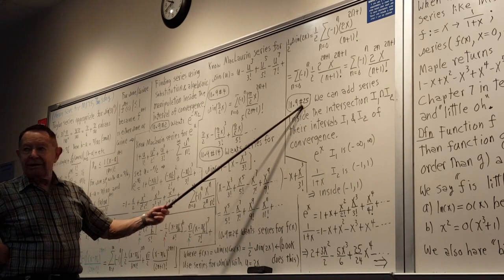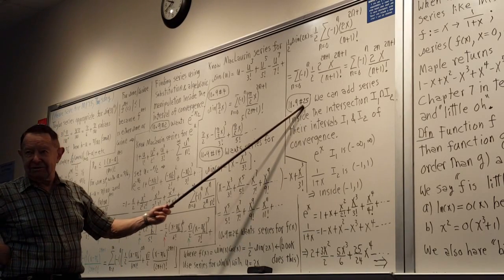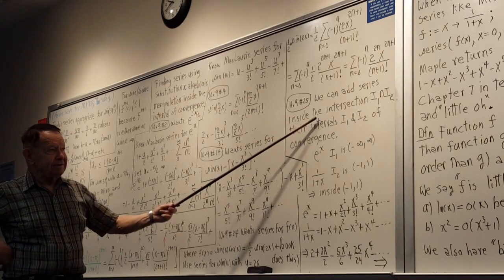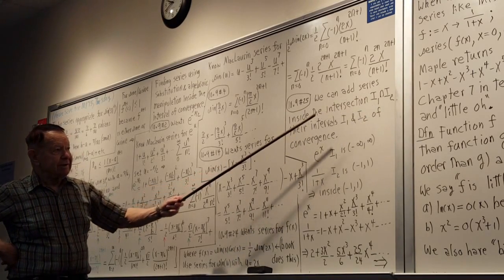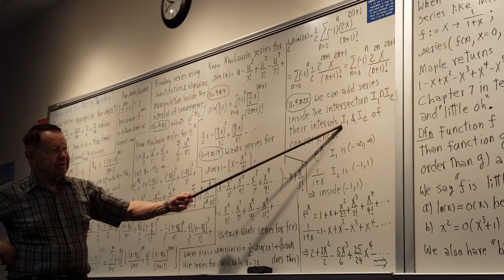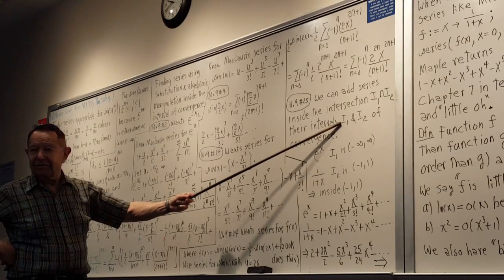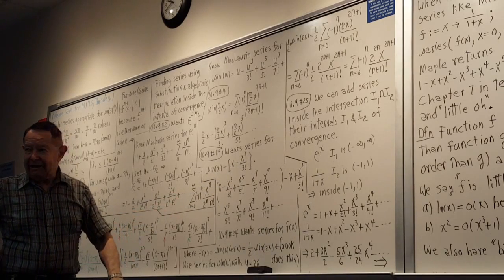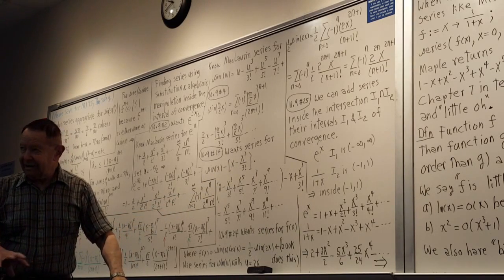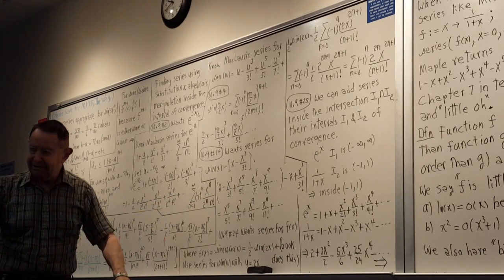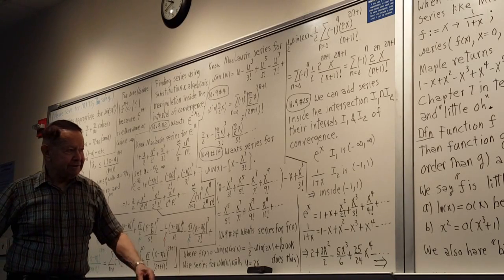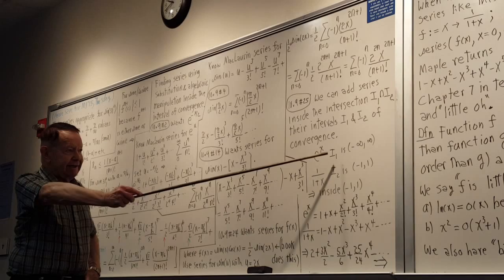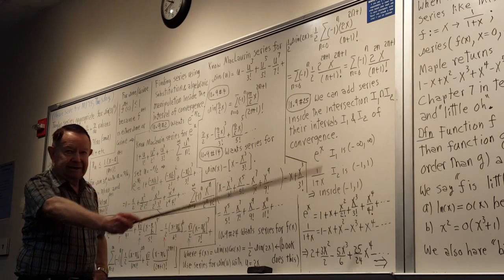So problem 25 wants you to add series term by term. If you have the intersection of 2 intervals where one series converges in interval I1 and the other one in I2, you can add the 2 series and say that series converges in the intersection. So for example, for e to the x, the interval is all x.